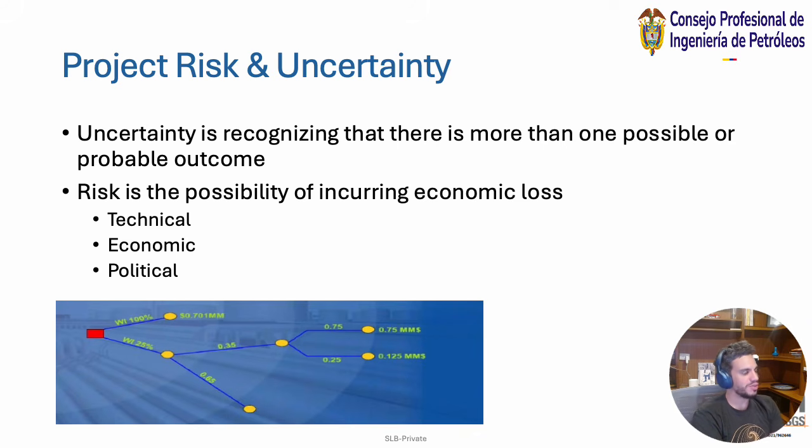And this is because of technical, economic, and political situations that can incur losses. So you want to be able to accommodate all of these to the best of your knowledge. What economists do is these decision trees, how they break up financially based on percentages and different scenarios on where they would end up, and then you want to pick the most optimal one. But that's how they calculate risk and uncertainty, right?